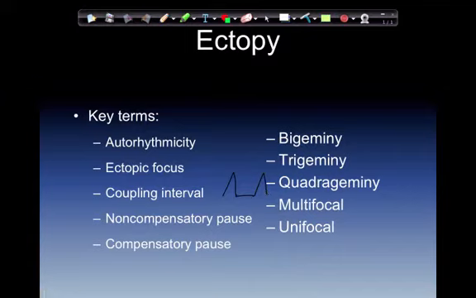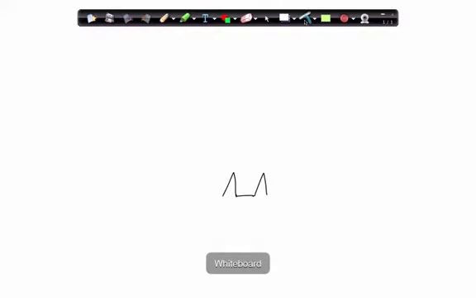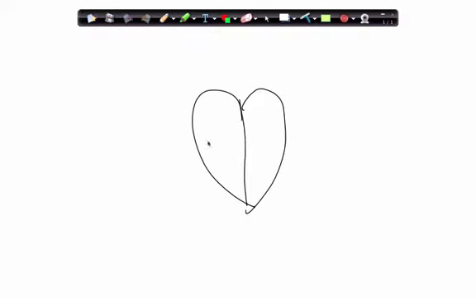Non-compensatory pause. A non-compensatory pause is whenever the SA node was reset with the premature depolarization. So I'm going to go to the whiteboard for this. I have a normal firing that occurred from the SA node.